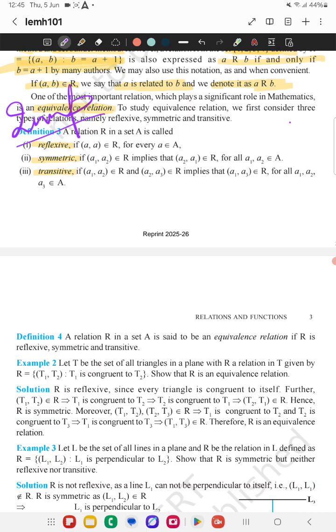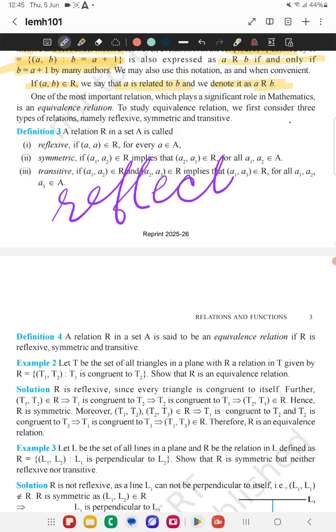So what is reflexive? Think of the term reflection. Whenever I am seeing myself in the mirror, I will see my reflection. I am not able to see your reflection or somebody else's reflection. I will see only my reflection.